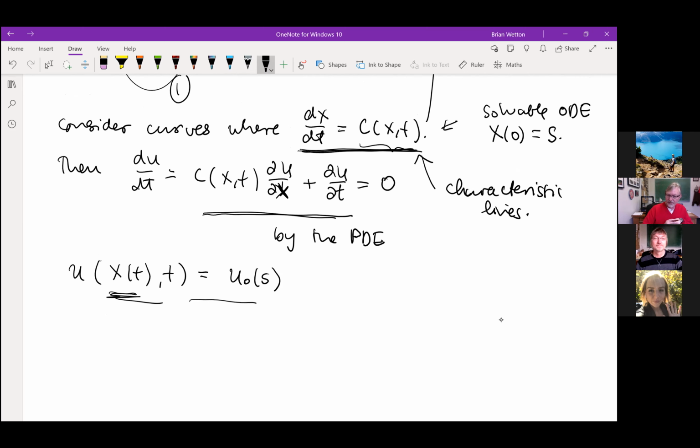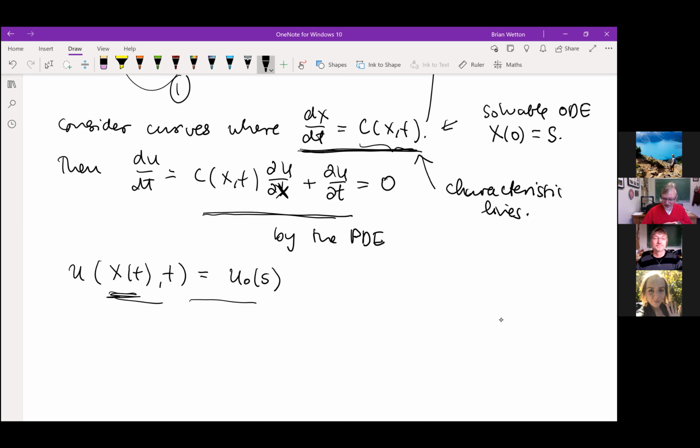Okay, so it's a very different technique, okay? But it has at least one similarity with the series solutions that we've looked at before, and that is that we reduce a partial differential equation to a family of ordinary differential equations, right?